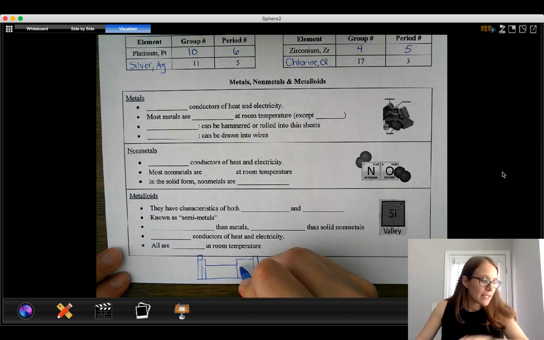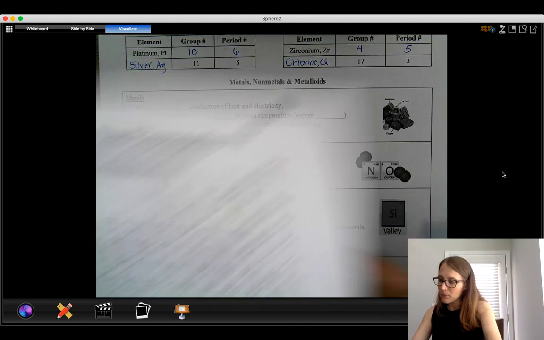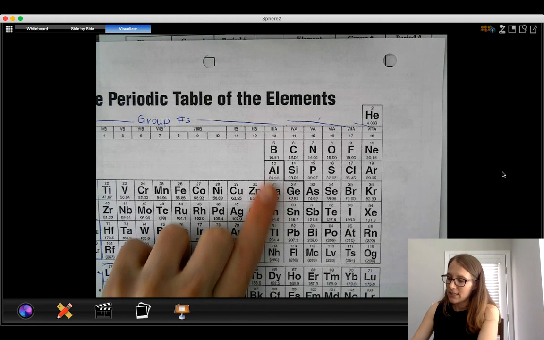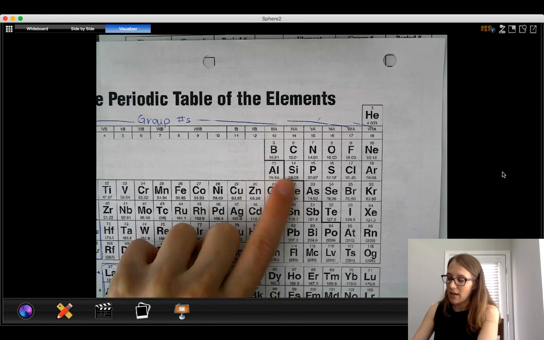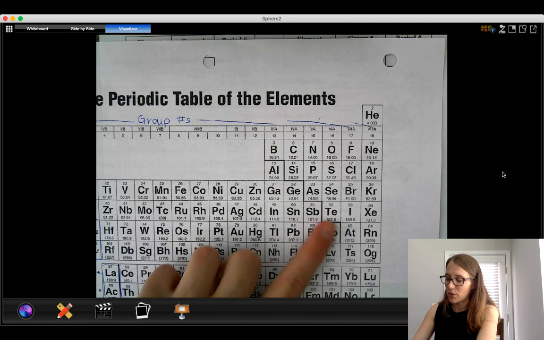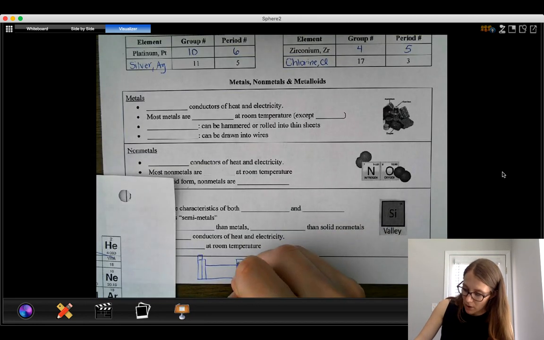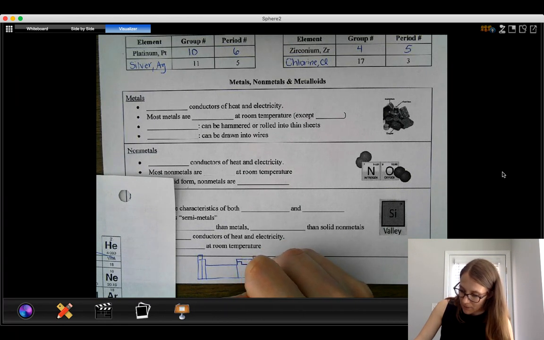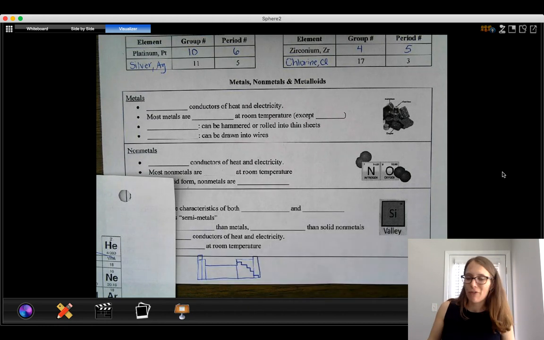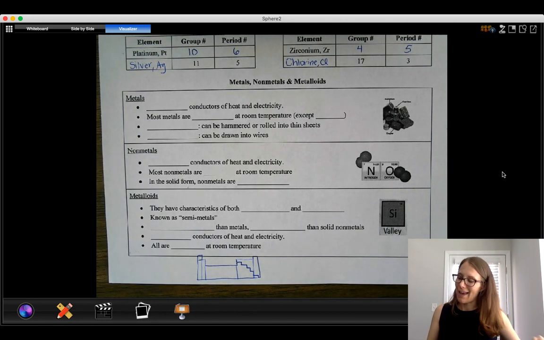And what we actually see on our periodic table is there's this one section right here that has this dark line that's a stair step that goes down, starting right around boron and then going down along the periodic table. So we see this stair step, and mine's not going to be drawn perfectly. My periodic table is not to scale and all that.